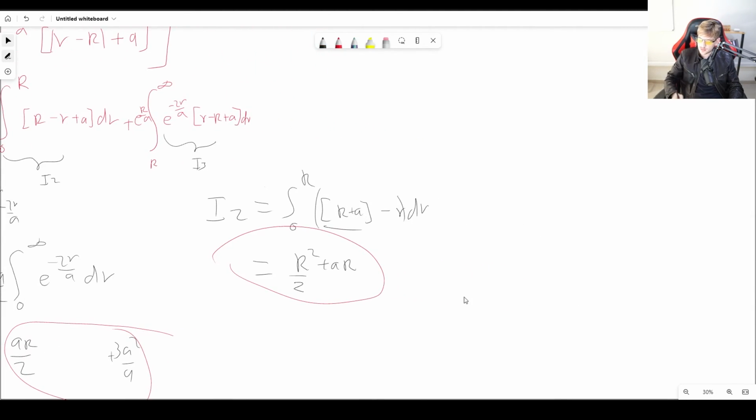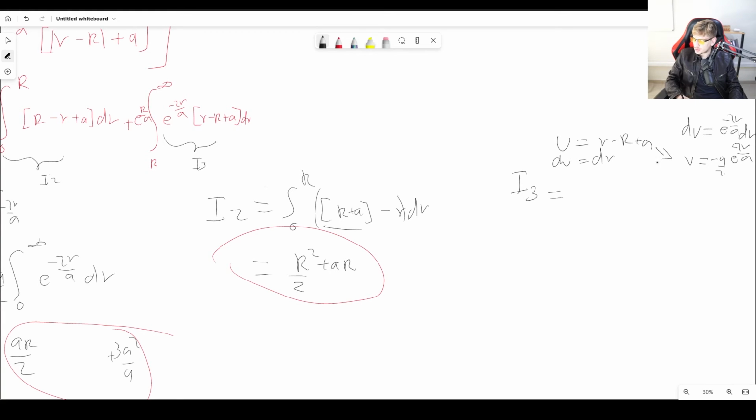So the third integral, I3, we will once again solve by using integration by parts. So u will be r minus big R plus a, du will be dr, and then we have dv, which is e to the minus 2r over a dr, as always. V is minus a over 2 e to the minus 2r over a. So now let's put everything in.